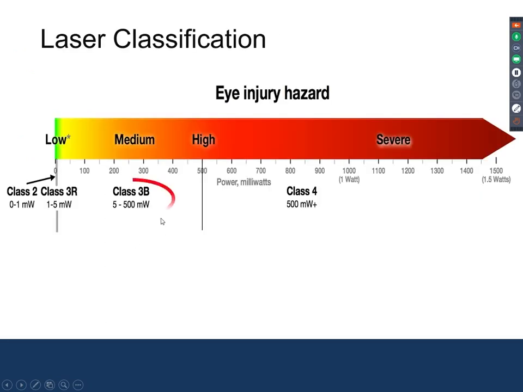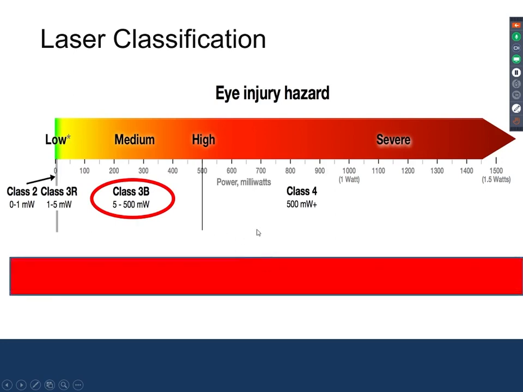Lasers are classified according to the power and the eye injury hazard. Anywhere from very low class 2, 0 to 1 milliwatts, all the way up to class 4, which is plus 500 milliwatts of power. Nearly all lasers used in low-level laser therapy or photobiomodulation are class 3B.